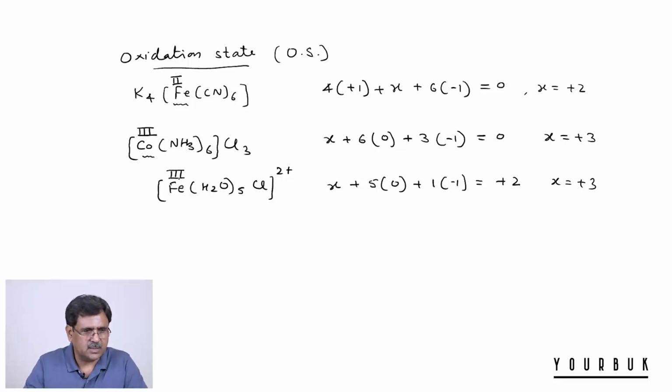So this oxidation state is defined as the charge left on a given atom when we remove all other atoms or groups in the form of ions.